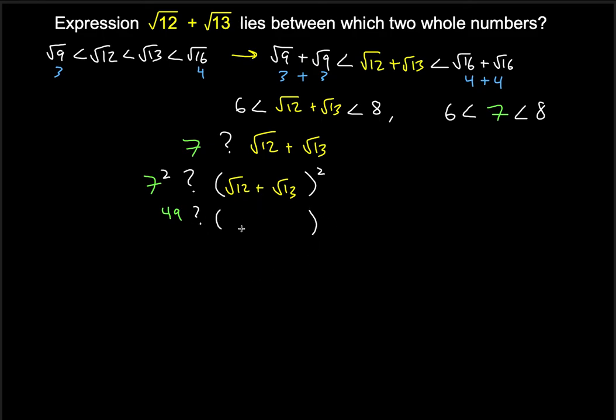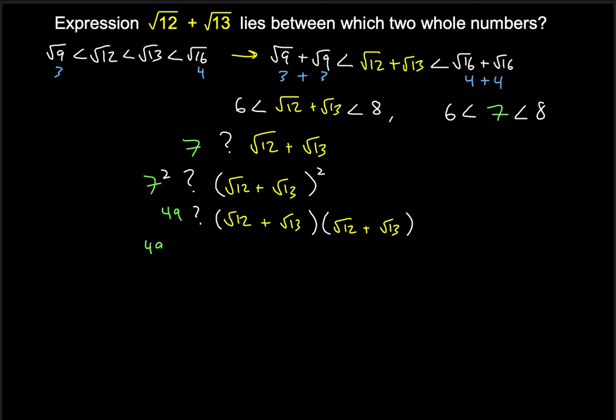You will use the FOIL method. I'm just going to write this twice so you can see what happens here. Squaring means you're multiplying these two together, and they're the same exact terms, and you're going to use the FOIL method to find the result on this side.